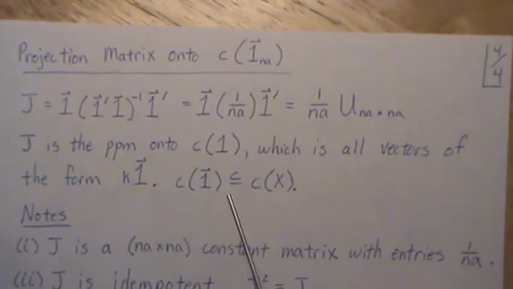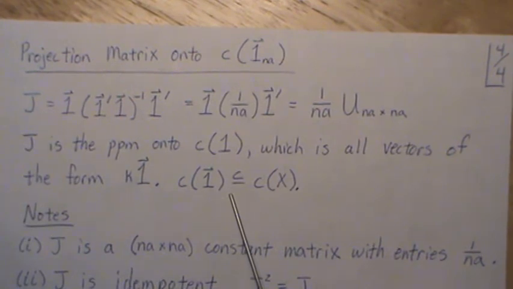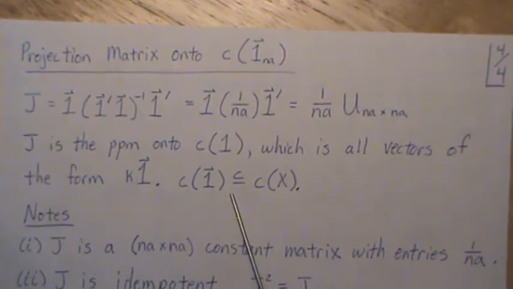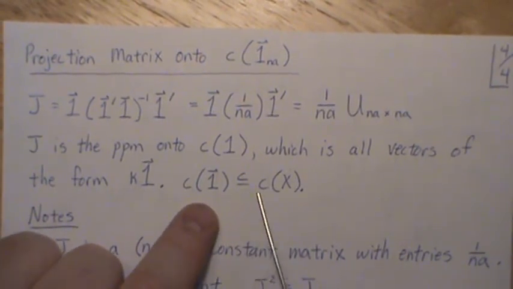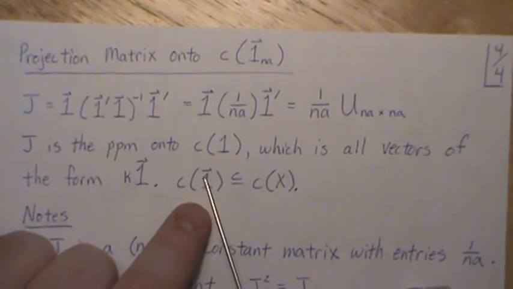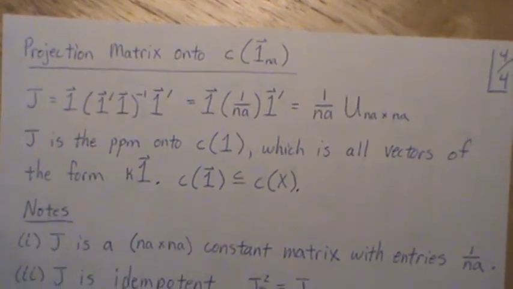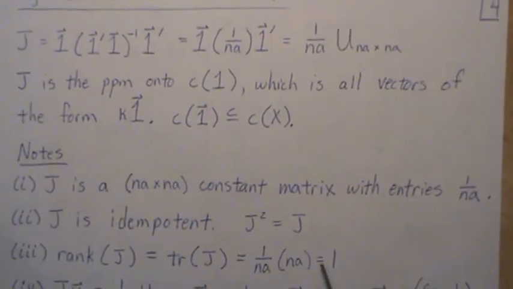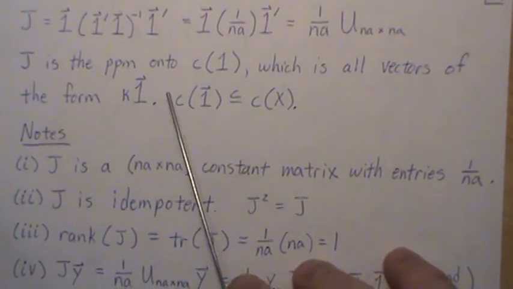Now, this becomes important when we start looking at contrasts, because we want orthogonal contrasts, and the set of orthogonal contrasts lives in the column space of X but is perpendicular to this column space. More on that in part 8, actually.